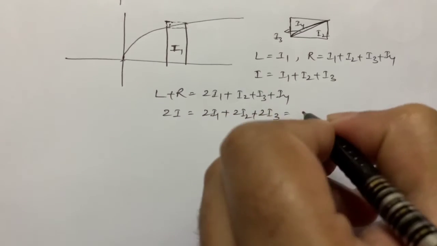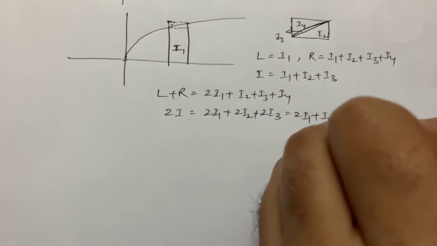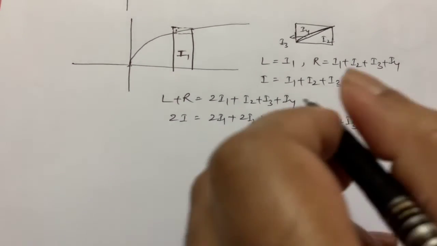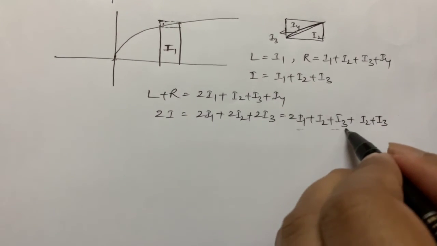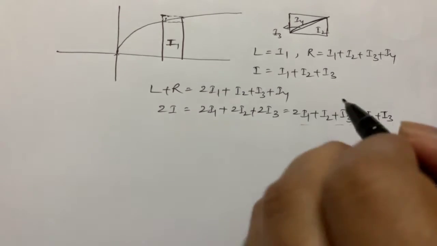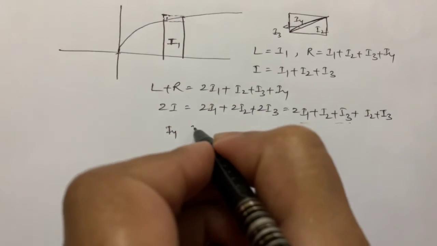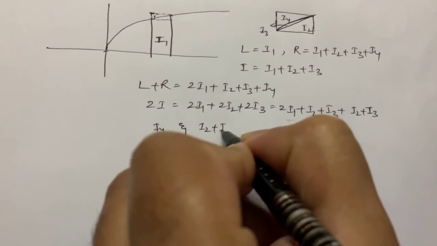Which is 2 I1 plus I2 plus I3 plus I2 plus I3. Why are we writing like this? Because both have 2 I1 plus I2 plus I3. So, what we have to compare is only I4, and the comparison is between I4 and I2 plus I3.